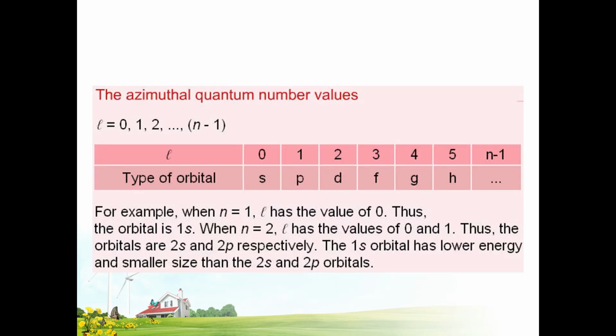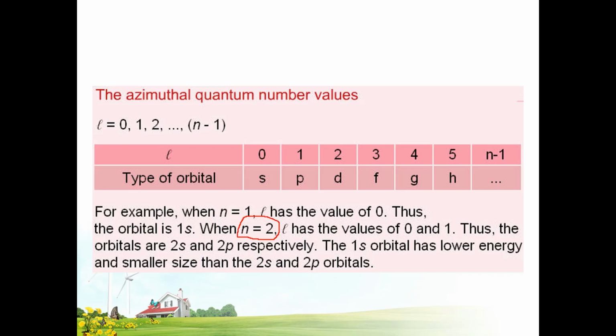This is more explanation on the example that I have said earlier. For example, you have n equals 2. Therefore, l has the values of 0 and 1 because it's n minus 1. So 2 minus 1 is 1.